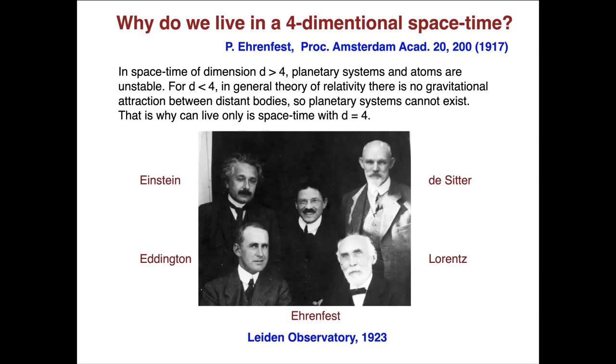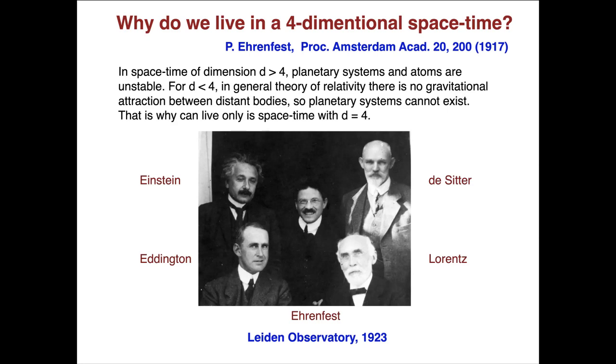And he is surrounded by De Sitter, Lorentz, Eddington, Einstein. Everybody there tells us about the tragic fate of Ehrenfest, and it's really horrible, the house where he was living, etc. And nobody knew about his work of 1917, the same year when De Sitter discovered the De Sitter universe.